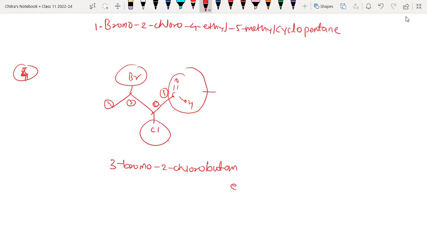This is the carboxylic acid, and we have to remove E and write oic acid. We give the space in oic acid because it is the characteristic property of the compound. So the name will be 3 bromo, 2 chloro, butanoic acid.